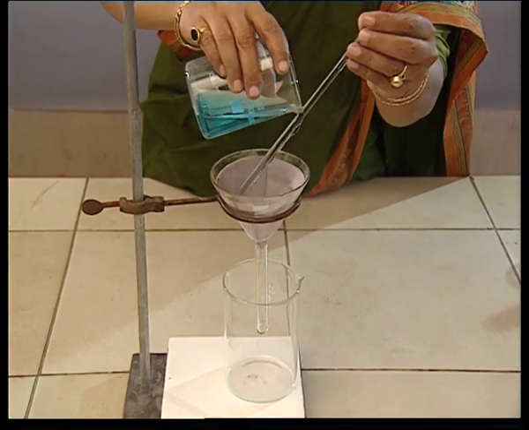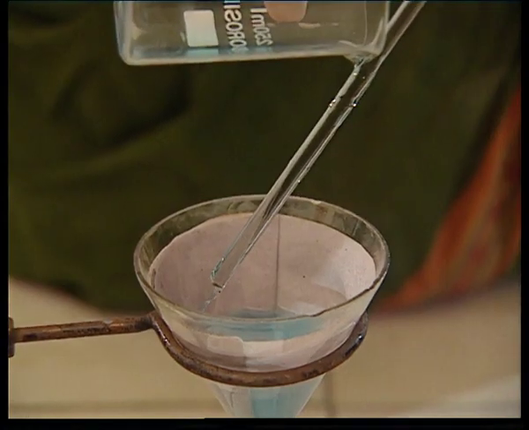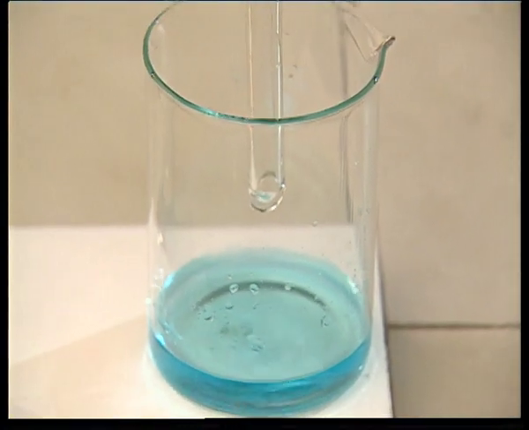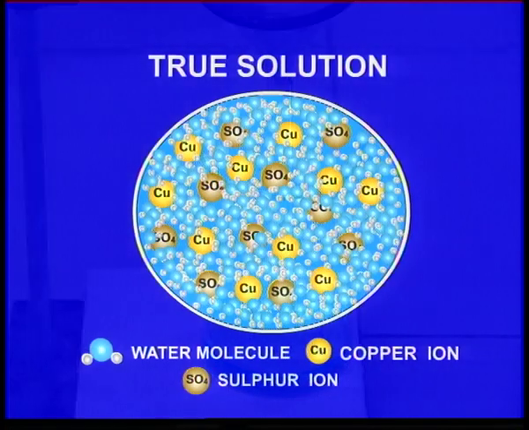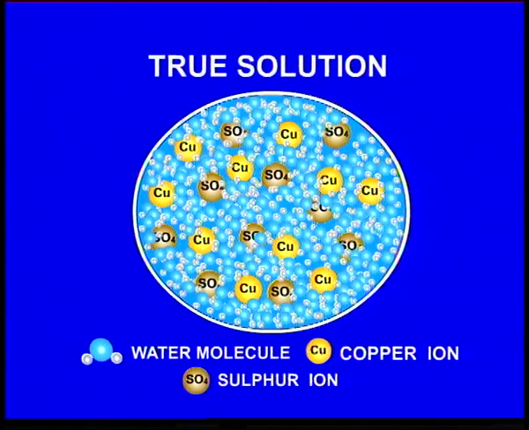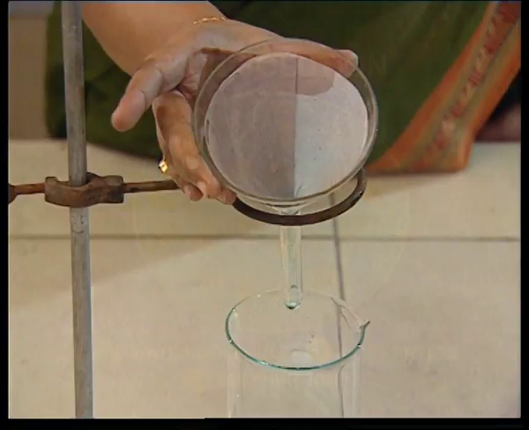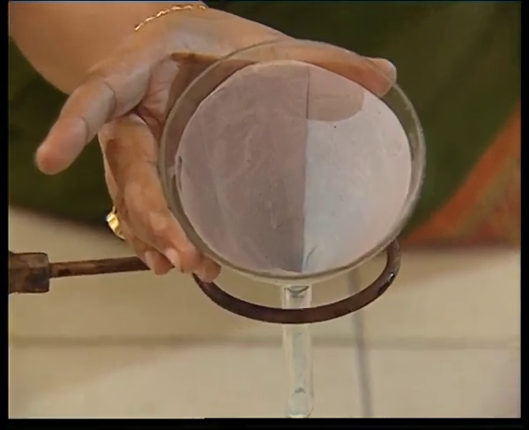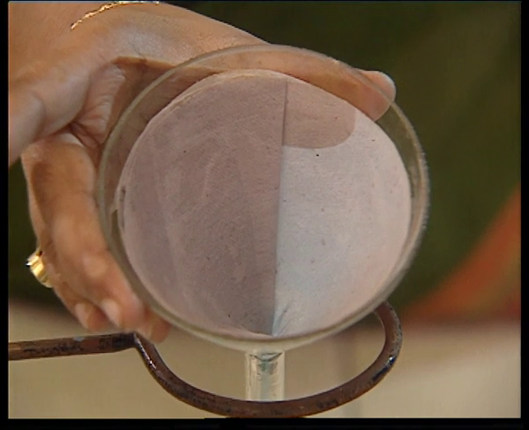In a true solution, the solute is completely dissociated into its atoms, molecules or ions and homogeneously mixed with the solvent, and cannot be separated by a process like filtration.